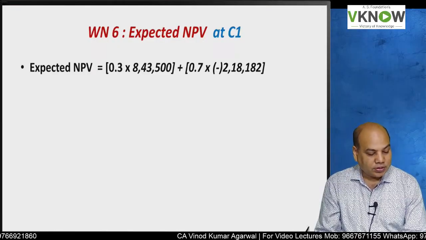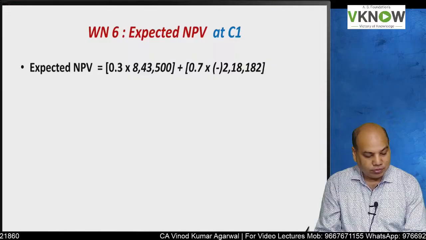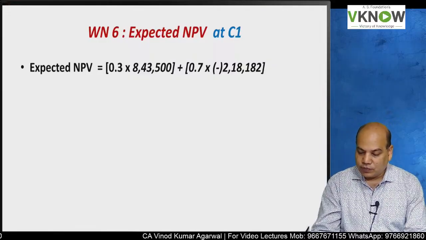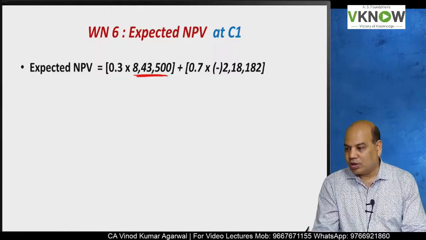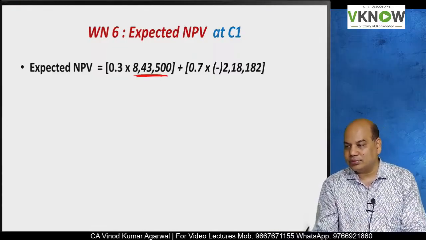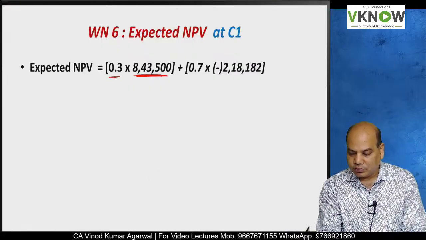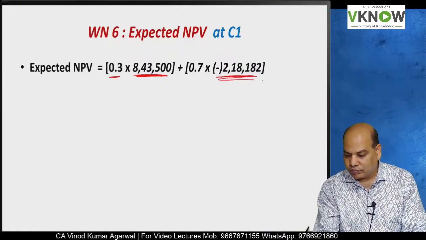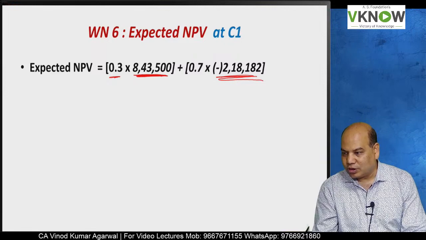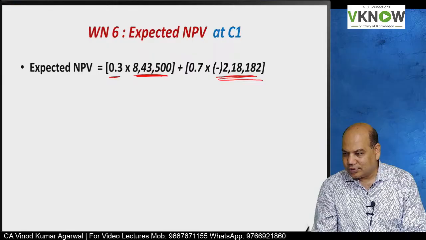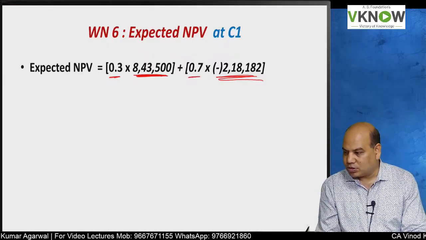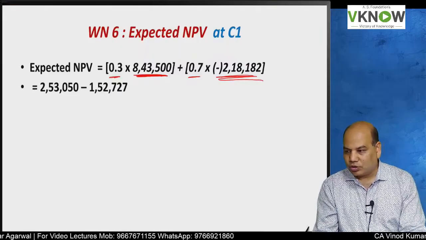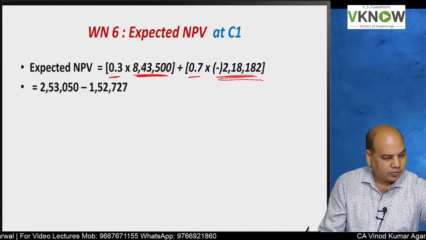There are two branches, good review, bad review. If you get good review, your NPV is 843,500 with probability 0.3. If you get bad review, you can check in your working note 1, 2, 3, 4, 5. You will get negative 18,182 with 0.7 probability. So can you please solve it? Solve it.